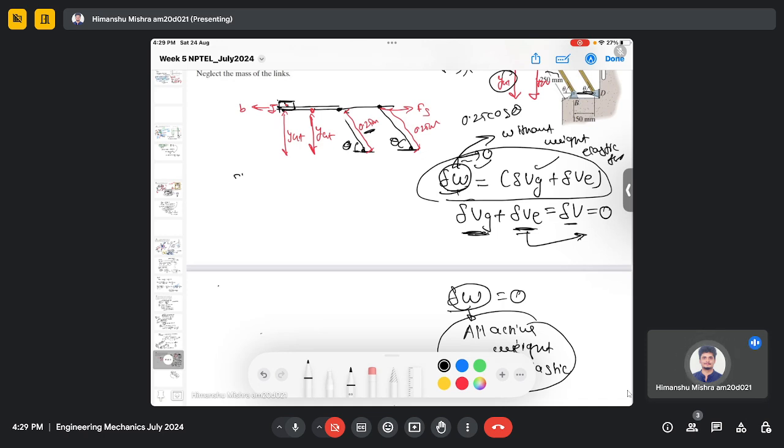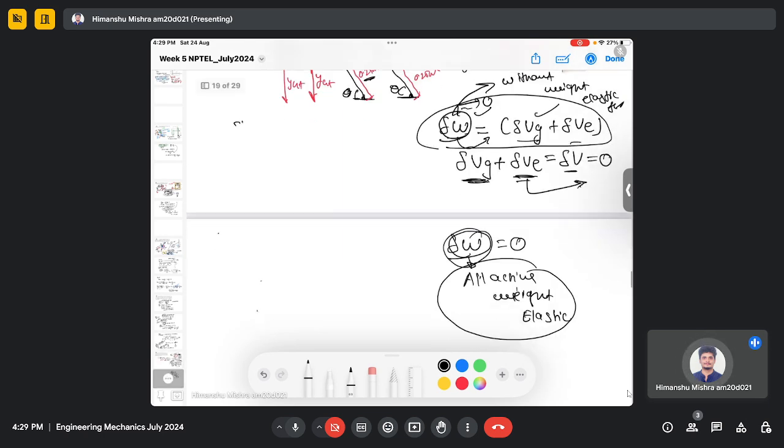That equals the change in potential energy due to weight and elastic force. But in the virtual work principle, the summation of all the virtual work done should be equal to zero, and the forces which create this virtual work contain all the active forces in terms of weight, elastic, and everything.